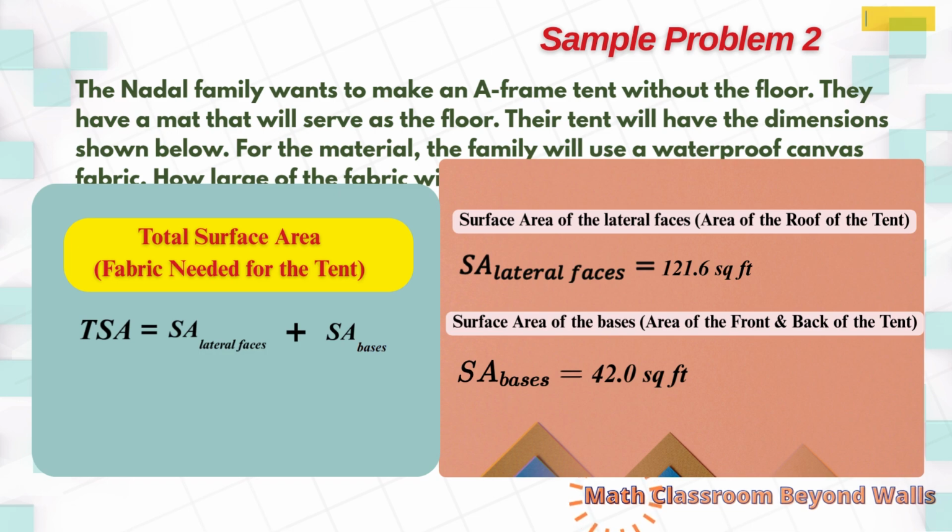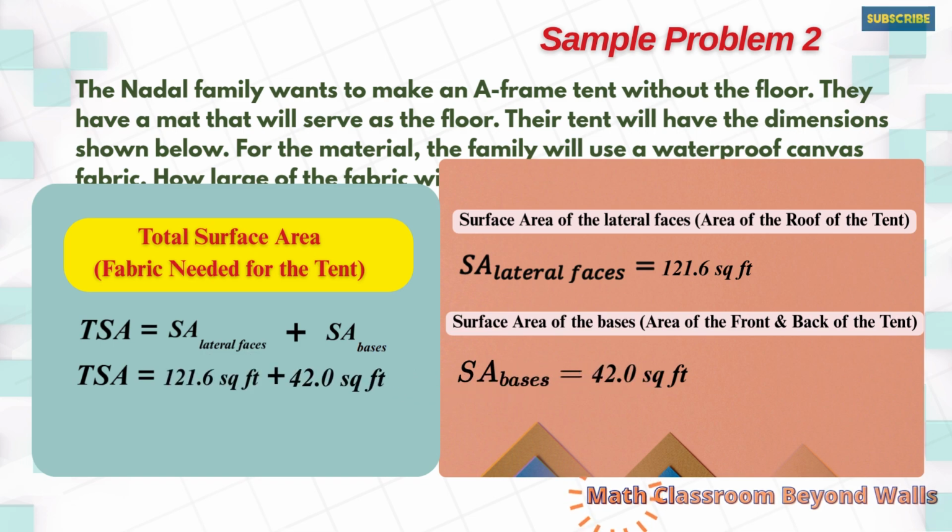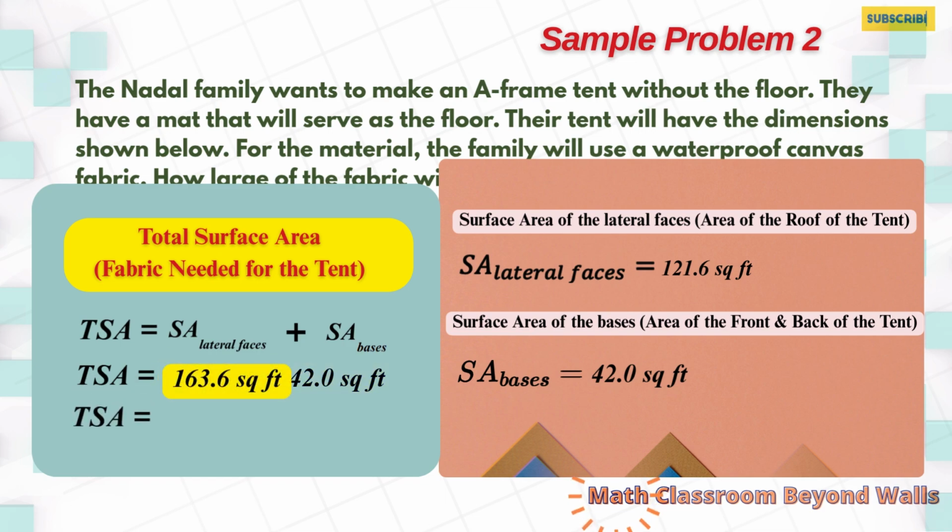Plugging in the values we got earlier, we have 121.6 square feet plus 42.0 square feet. Adding 121.6 square feet and 42.0 square feet gives us 163.6 square feet.